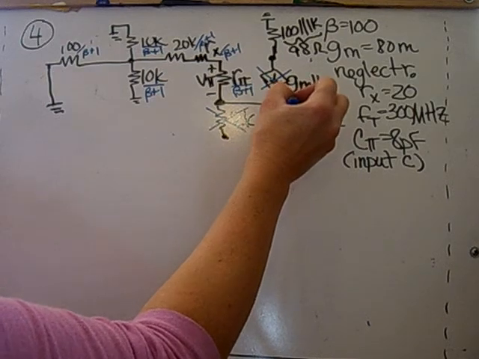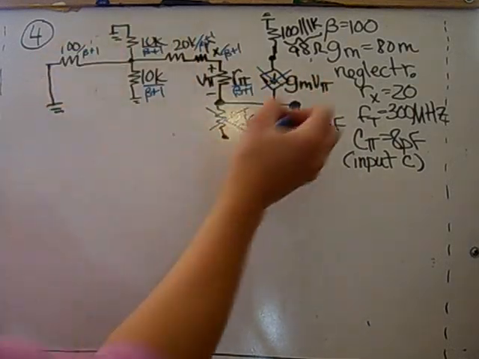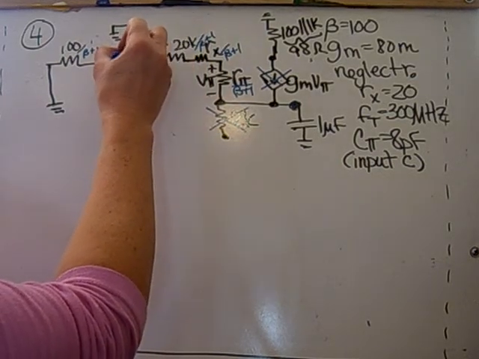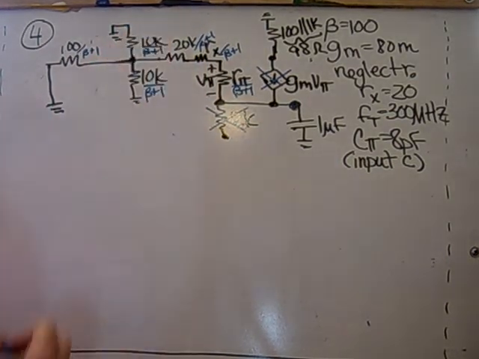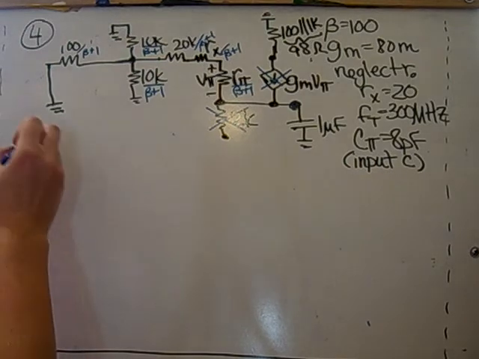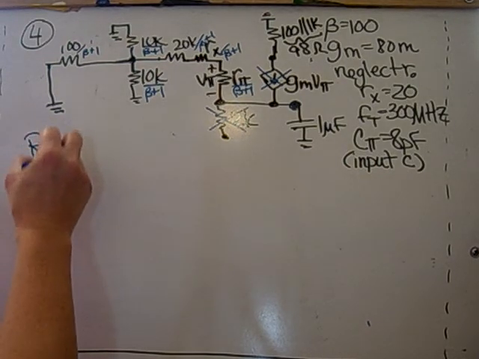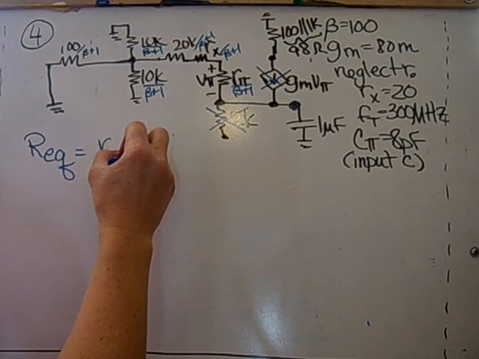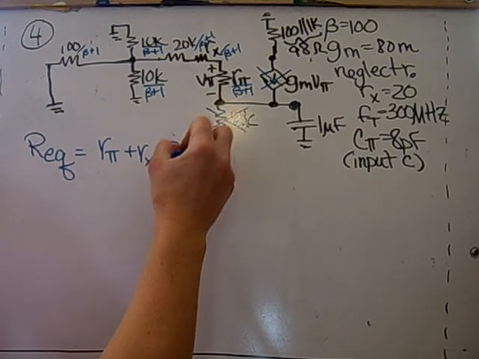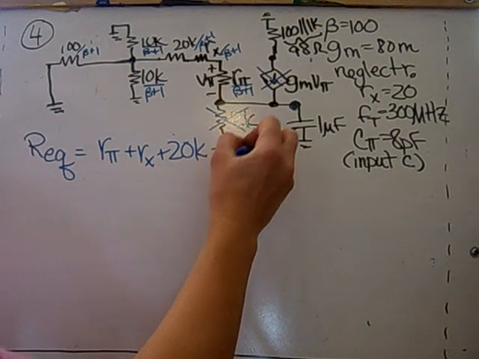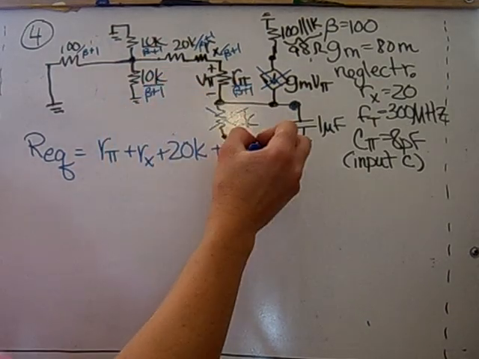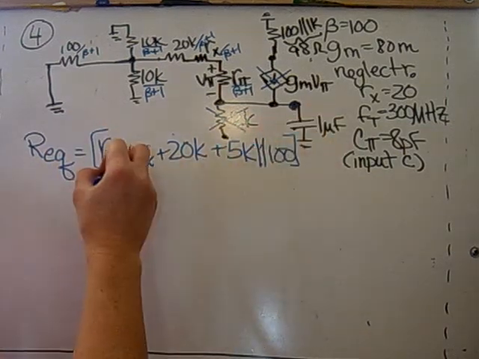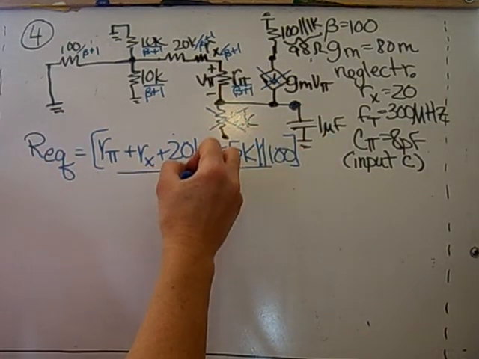And I take a path from here until I get to ground. So I go through this plus, through this plus, through this plus. Then I have a split, so it's plus these three in parallel. So R equivalent for this case is R pi plus Rx plus 20K plus 10K in parallel with 10K, which is 5K, in parallel with 100, and all of that is over beta plus 1.